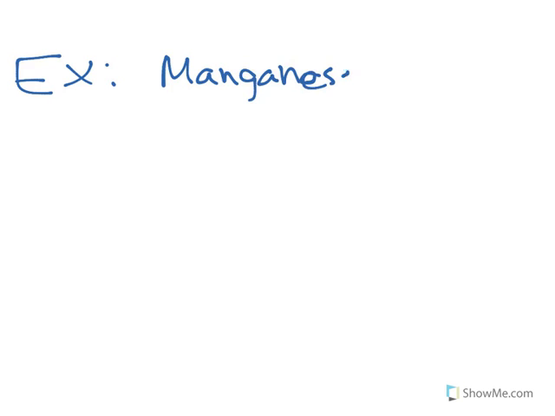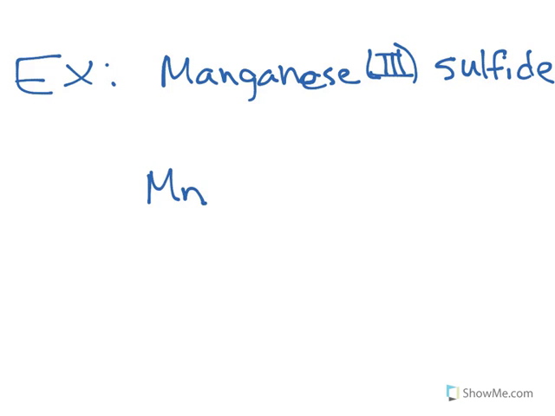So let's do a few examples of this. So we have manganese(III) sulfide. Okay, manganese is Mn. Sulfide, IDE, means we're talking about sulfur, the element.